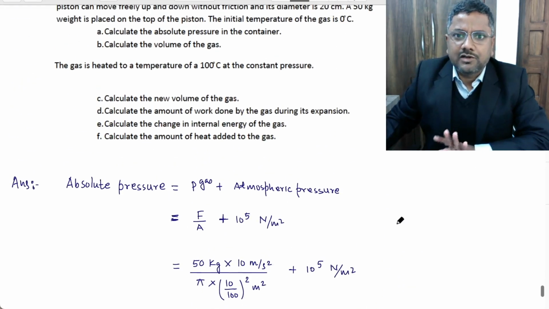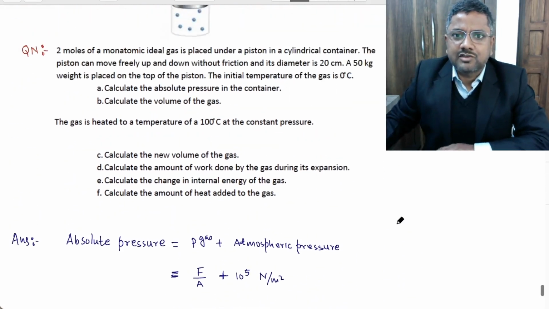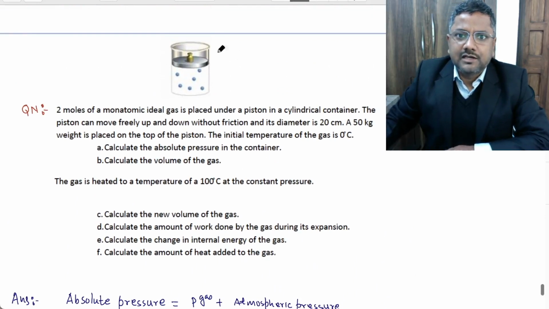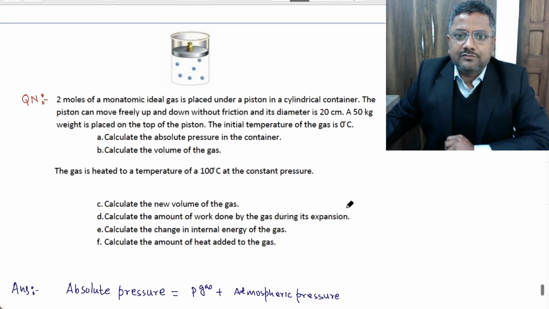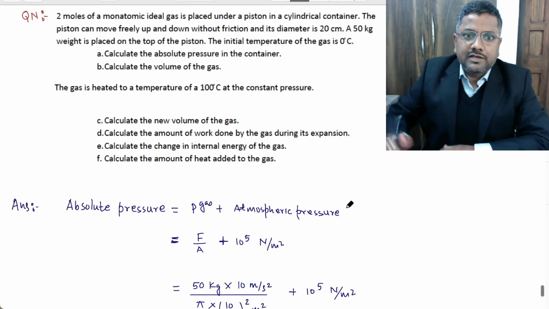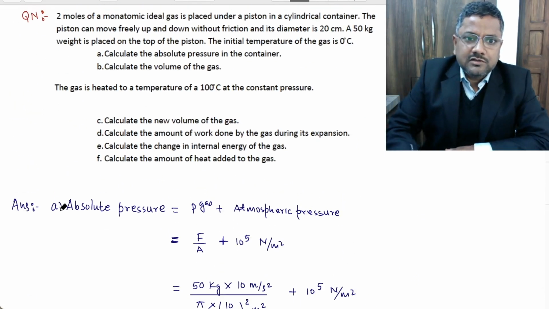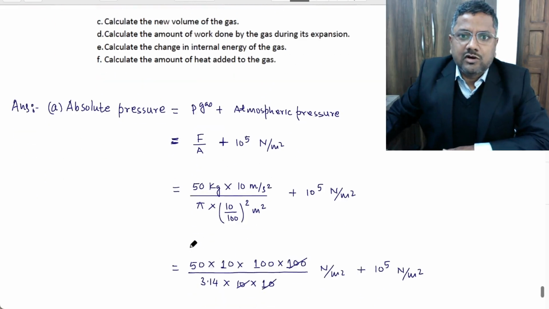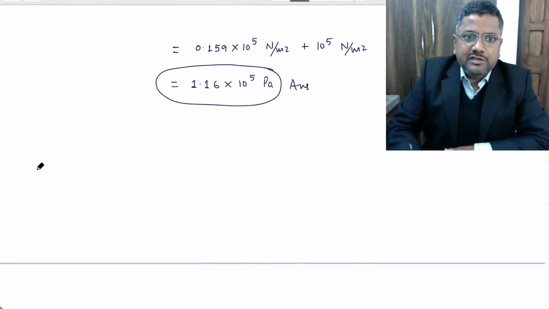Hopefully all of you are clear how to calculate the absolute pressure of any system. Now calculate the volume of the gas. A part is over. Volume of gas, so B is equal to this volume.